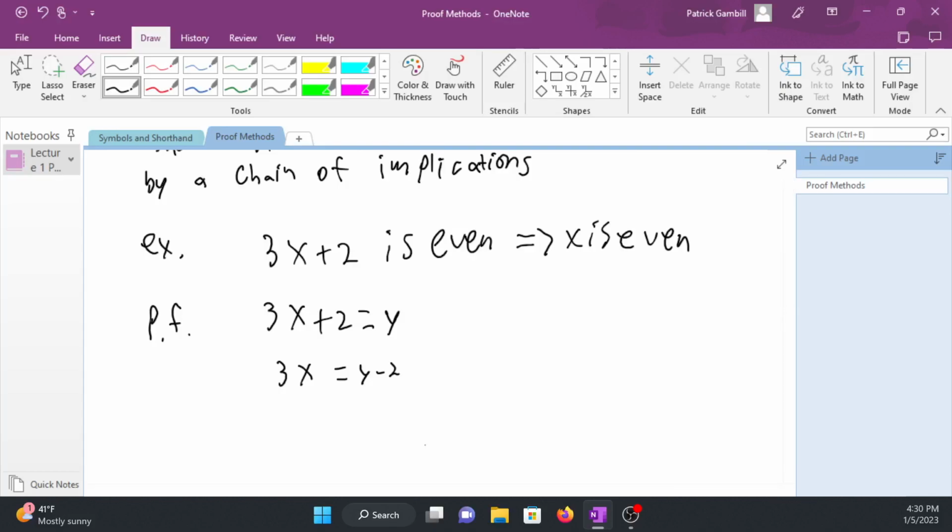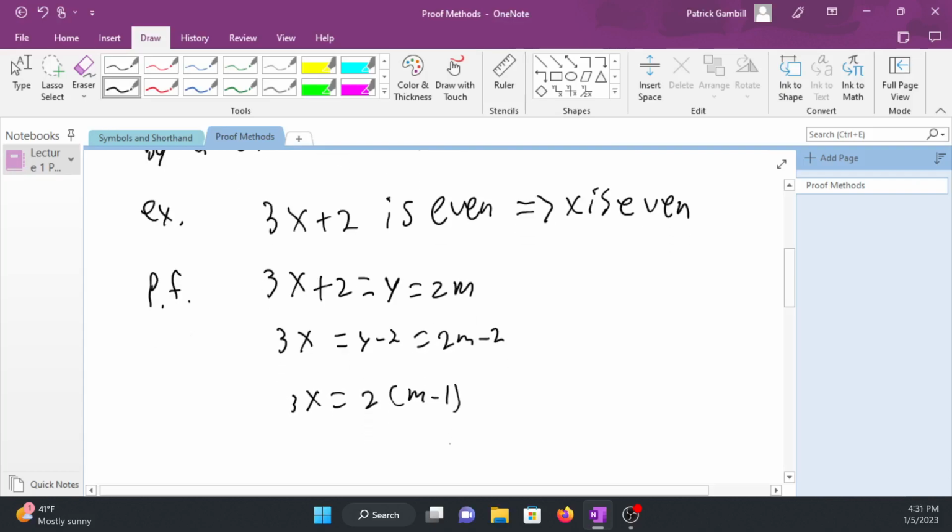And we know that y is even, so we could also write this as something like 2m for some integer, because we know that y is even. So we could say we have 2m minus 2, giving us that 3x is really equal to 2 times m minus 1.